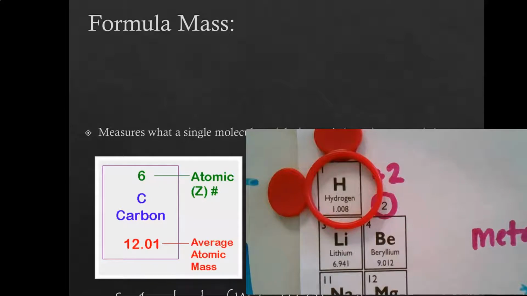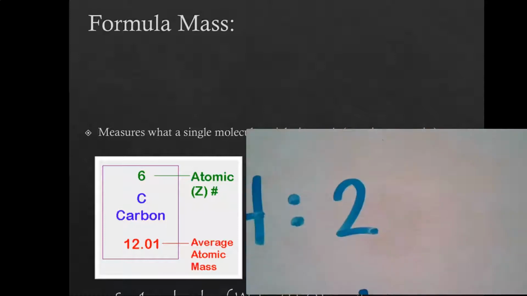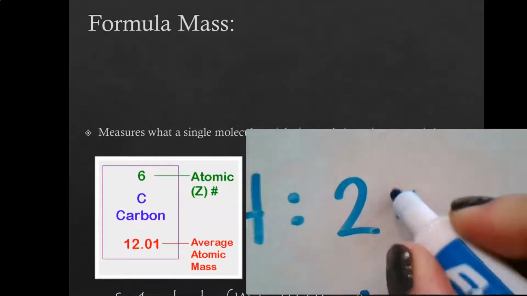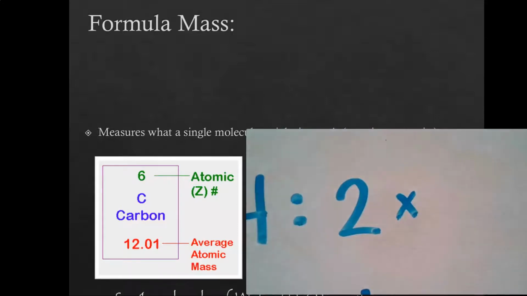So in this case, the 8 is my deciding decimal place, and that tells me that the 0 in front of it becomes a 1. So hydrogen's average atomic mass is 1.01. So where I have my hydrogens, I'm going to write times the average atomic mass of hydrogen, which we just checked and found, is 1.01.